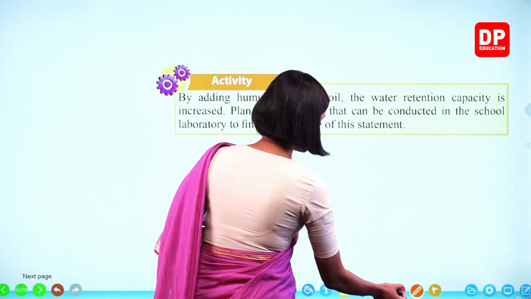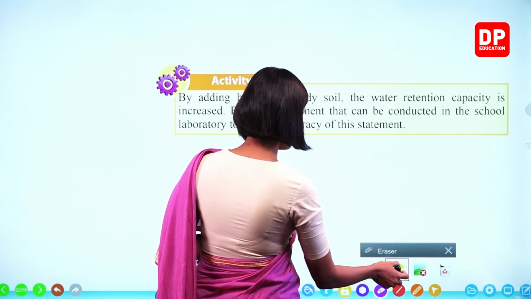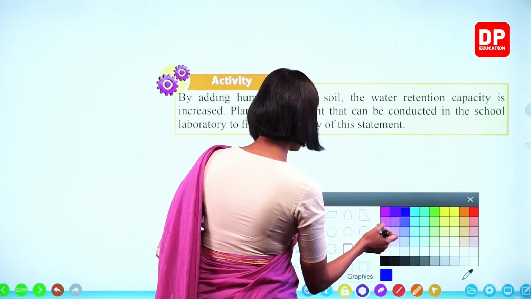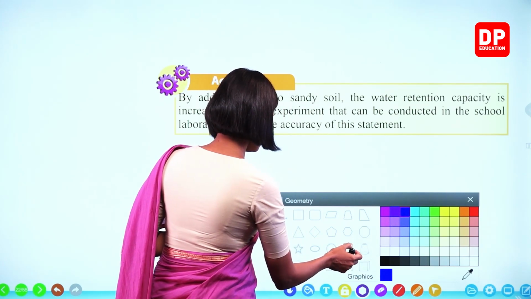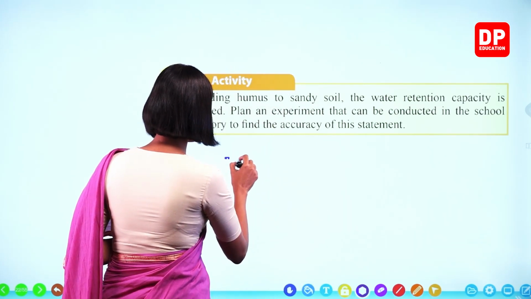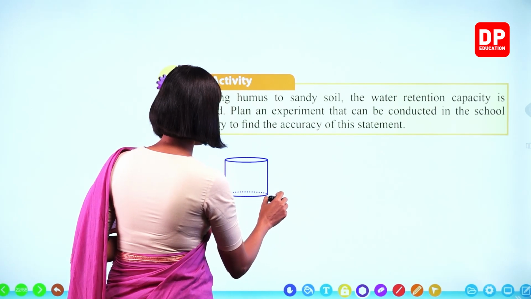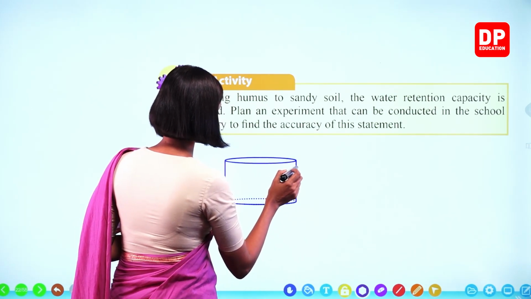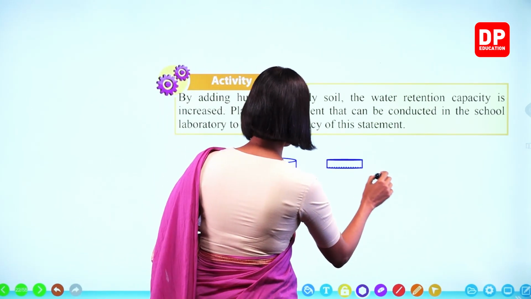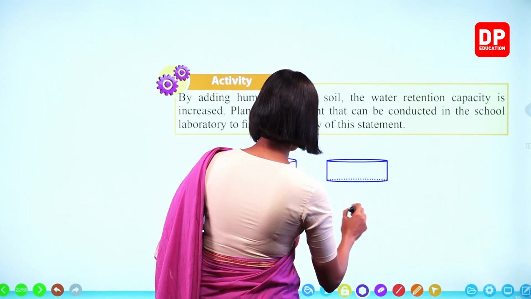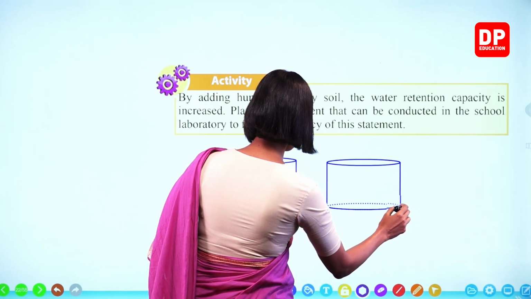So we will simply draw a diagram to do this. We have to use two similar plastic cups like this, plastic or any other material.